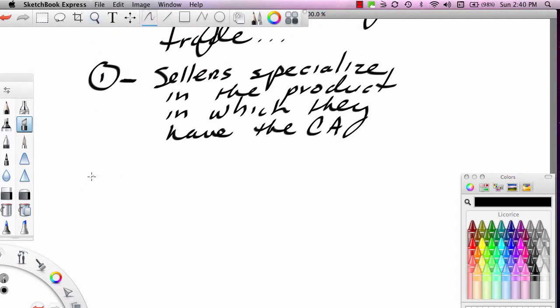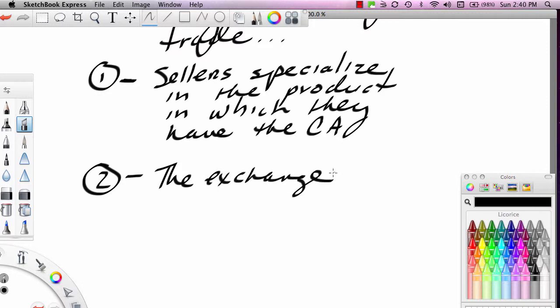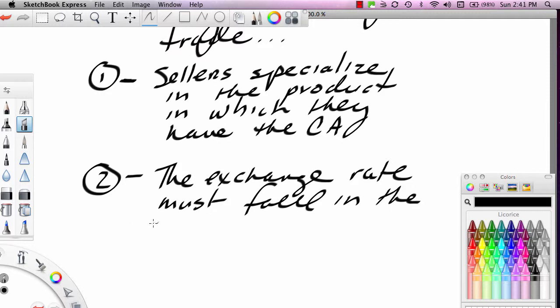And then two, second condition, the exchange rate must fall in the trading zone. That's an N, not an M. My hand has not awakened yet.